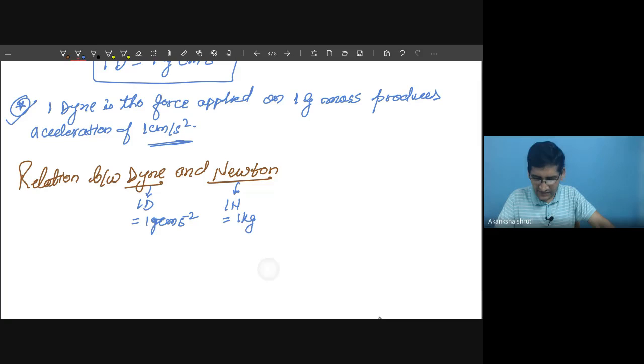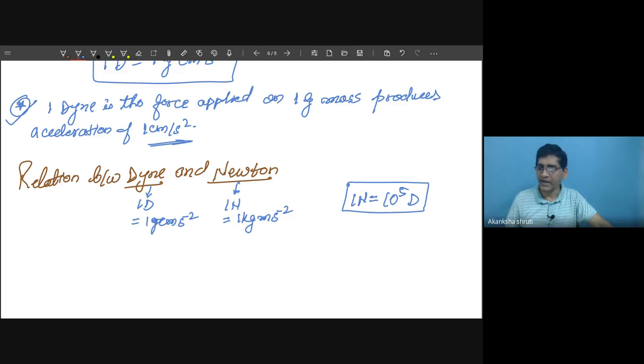This is our 1 kg meter per second square. It is found that this 1 Newton is equal to 10 to the power 5 dyne. How is this? That relation we want to develop. So it is quite easy to convert.